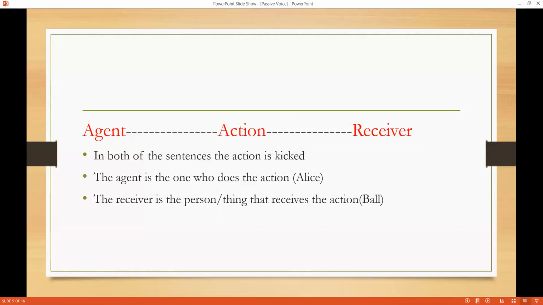Also notice here that there is a verb, was, which is the verb be in the past tense. We put the verb be here to show that this is the receiver and not the agent. That is very important in passive voice.